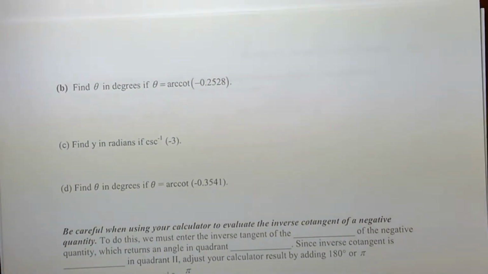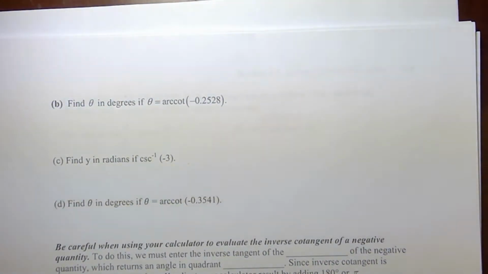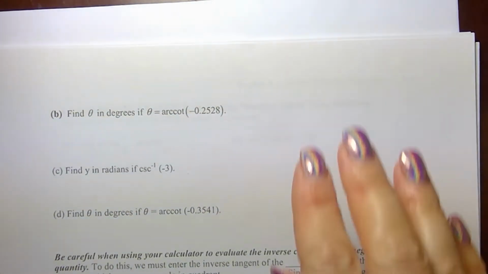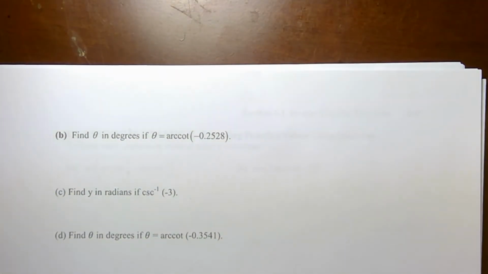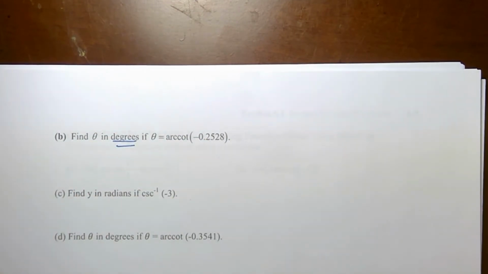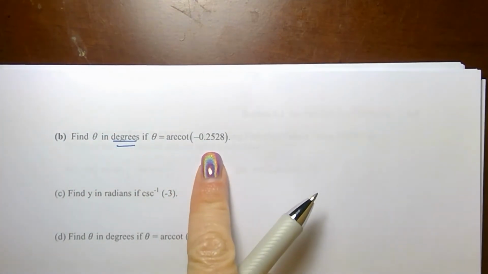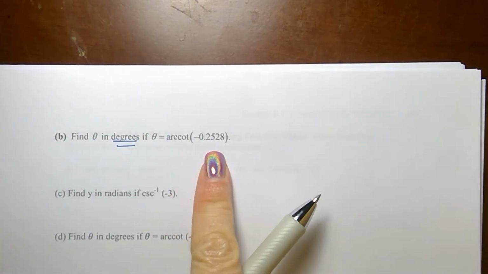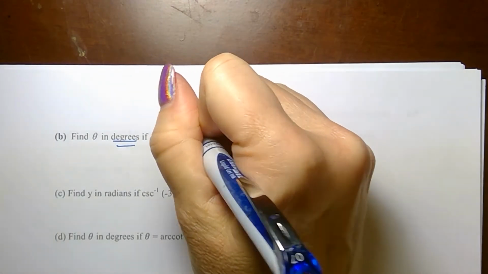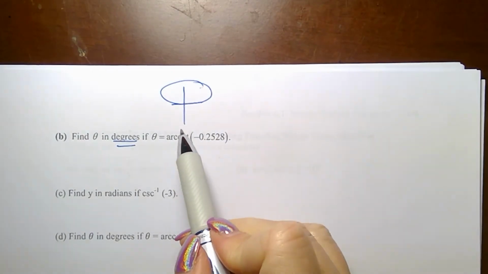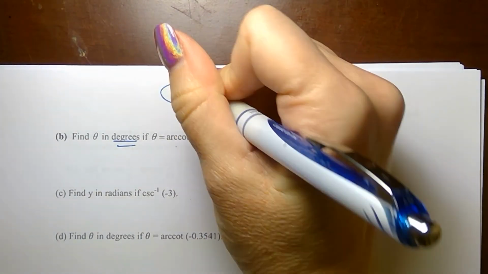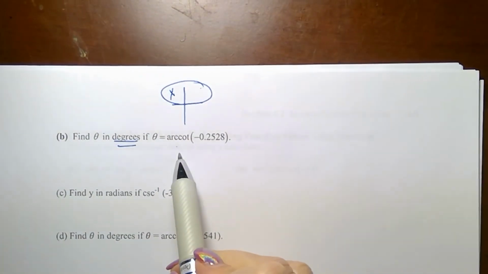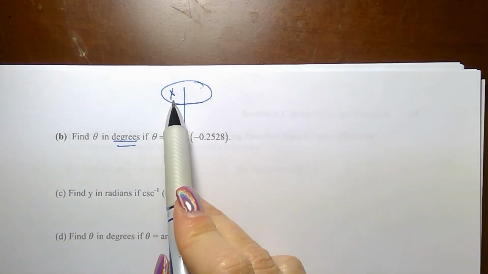Let's do it again. This time I'm asked to find arc cotangent in degrees, so switch to degree mode. We're finding arc cotangent of -0.2528. That's my cotangent function value. Here we go. Arc cotangent is restricted to quadrants 1 and 2. My negative arc cotangent values are in quadrant 2.